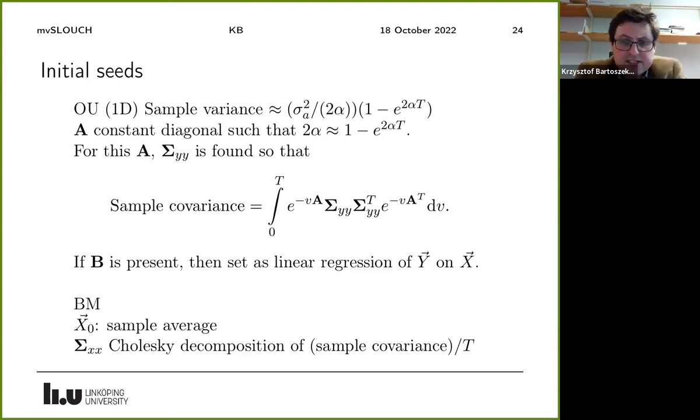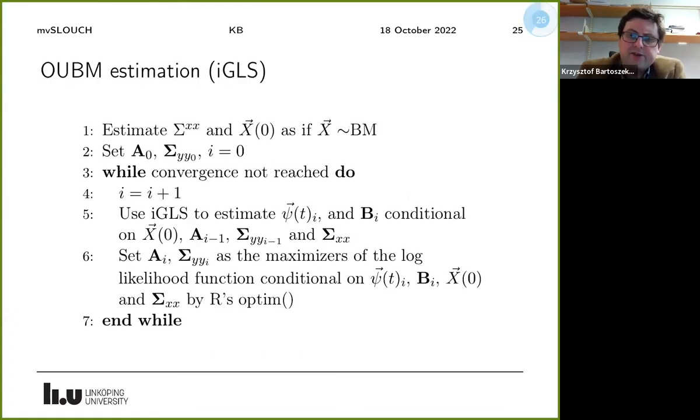One basically takes the sample mean and the sample covariance, ignoring the phylogeny, and tries to preset the parameters of this OU process. It was interesting that up to now we did not really notice any significant improvement. One just has random starting parameters or ones that come from estimation when one ignores the phylogeny.